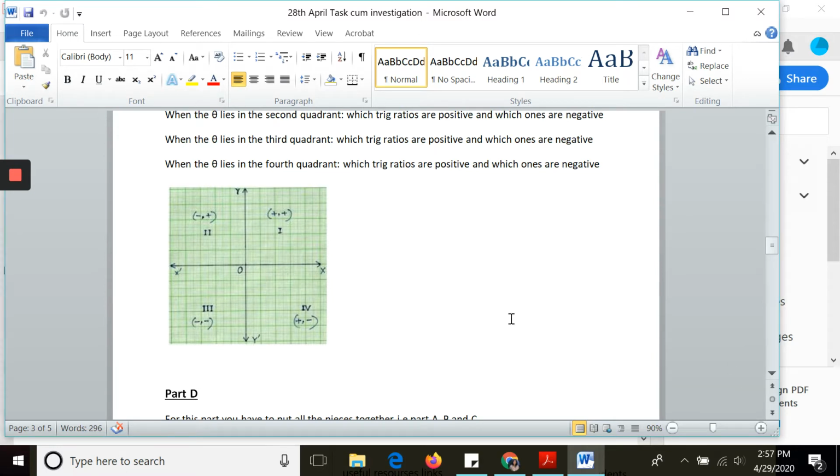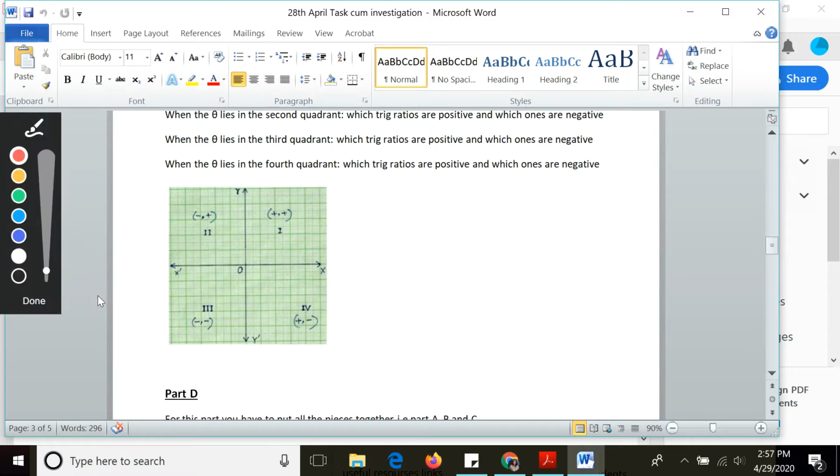Okay, I will try to write one more time here. I'm going to write down this A. A means all positive, so sine, cos, tan were all positive. Here it was S, which means sine was positive.